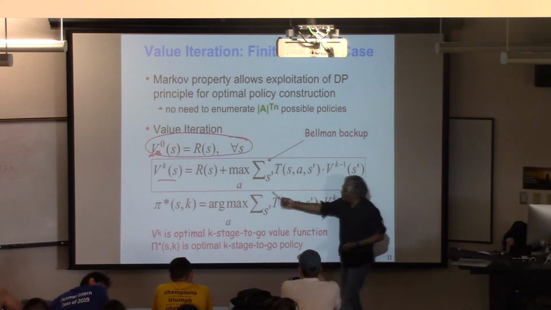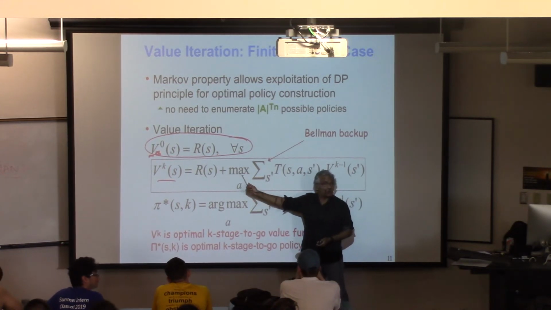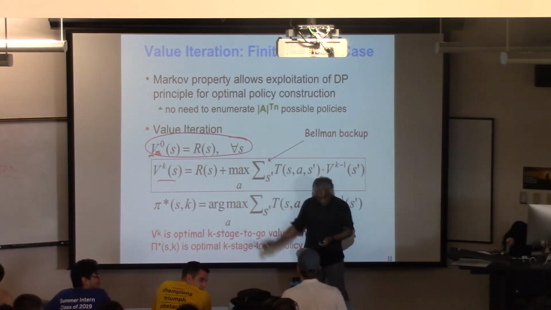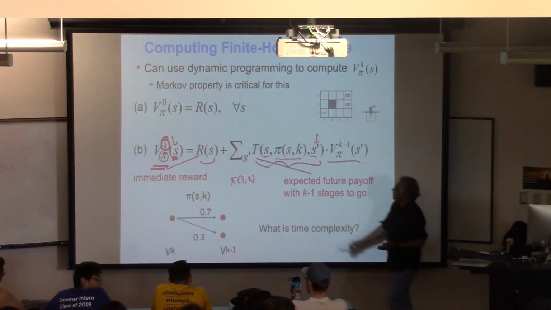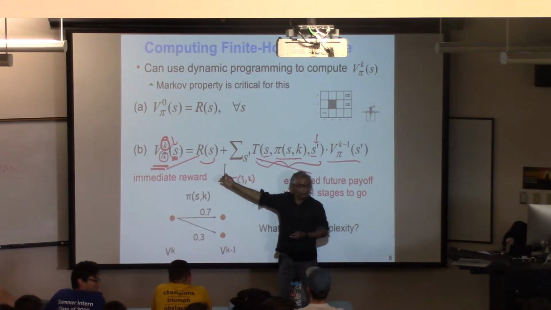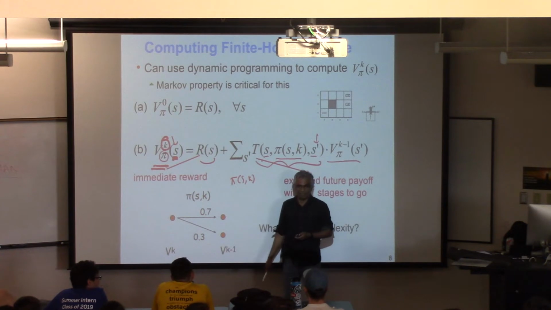Now you do this computation for each of the actions you can do, and take the max over it. You see the difference? So in fact, if you look back at the value computation equation, it looks almost the same, except there is no max over A. So it's just a bunch of linear equations.